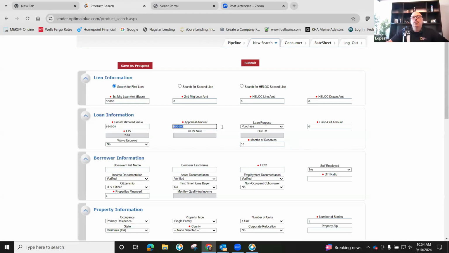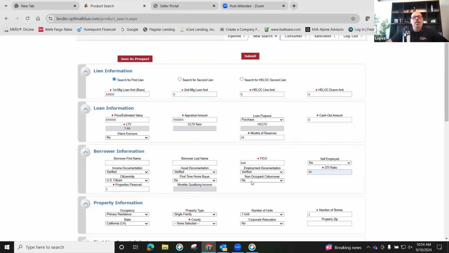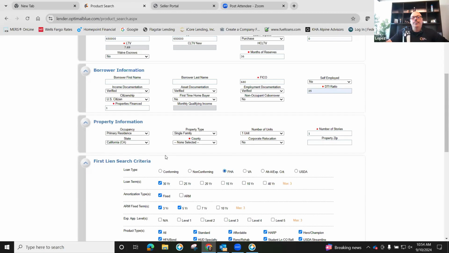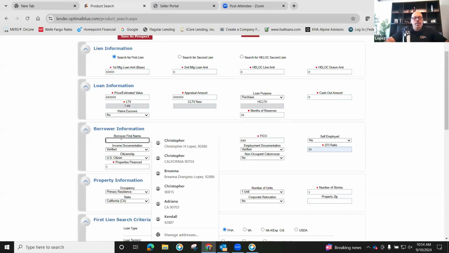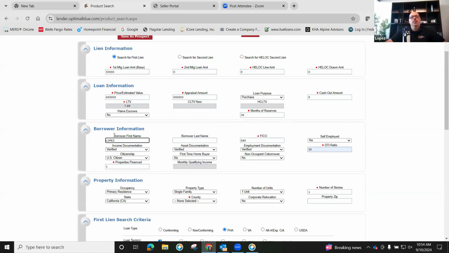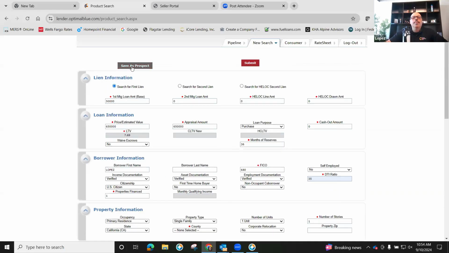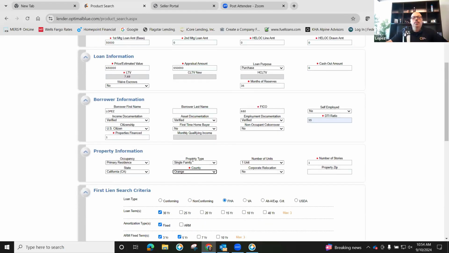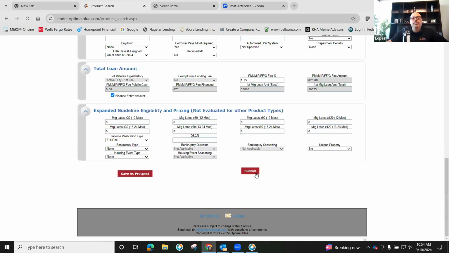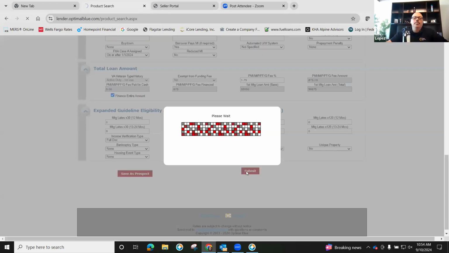This one is going to be a FICO score of 680. And let's say this one is 9, and this one is going to be an FHA loan. So I can say that this name is Lopez. So I need to go to my county, Orange.